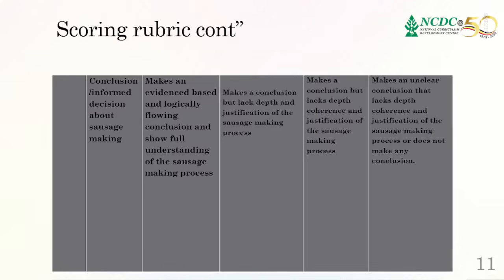Then score 3, the learner makes conclusions but lacks depth and justification in the sausage making process. And then score 4, the learner makes an evidence-based and logical conclusion with full understanding of the sausage making process.